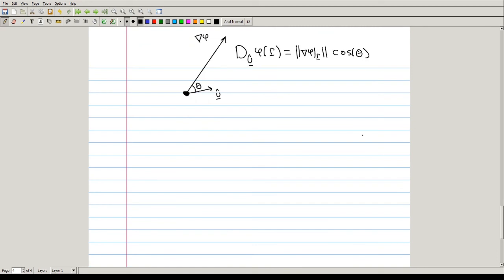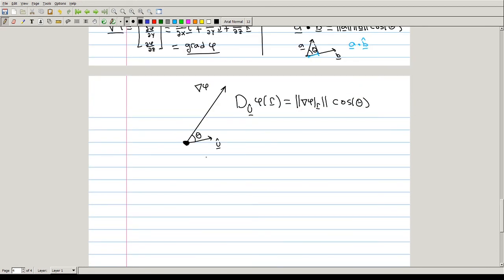Well, conceptually speaking, it tells us that the directional derivative is maximum, with respect to a certain point r. So at a point r, the directional derivative, or rate of change, is maximum when theta is equal to 0, because that makes cosine of theta equal to 1.